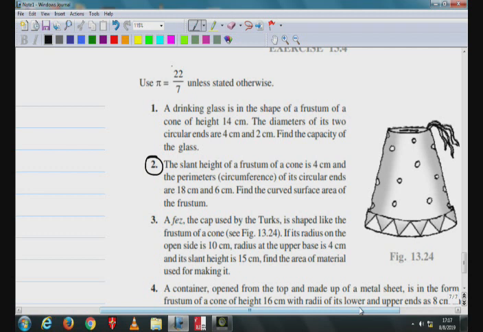Yes, 48 centimeter square is the correct answer for second one. Tamenglong, Senapati, what are the answers?